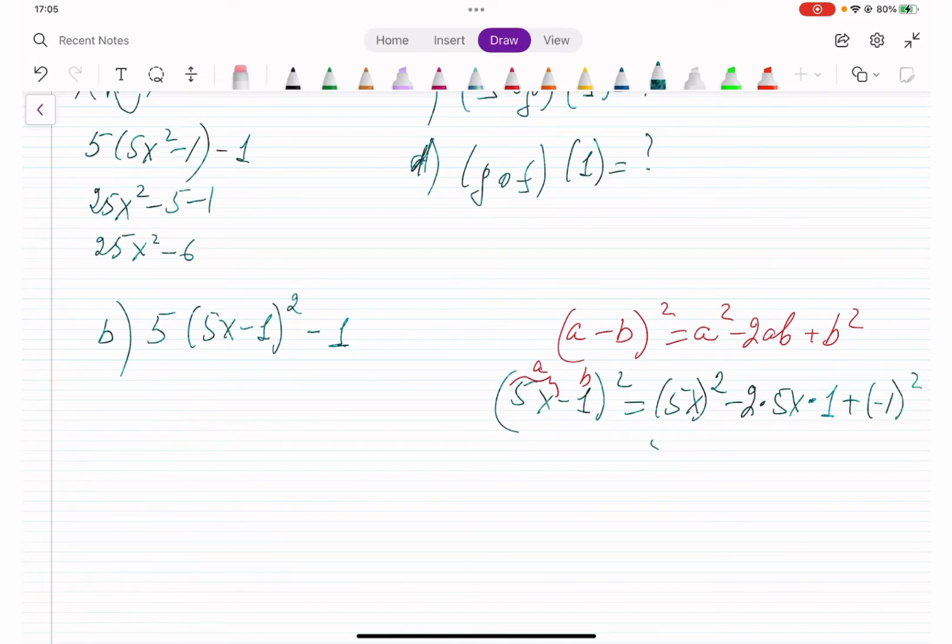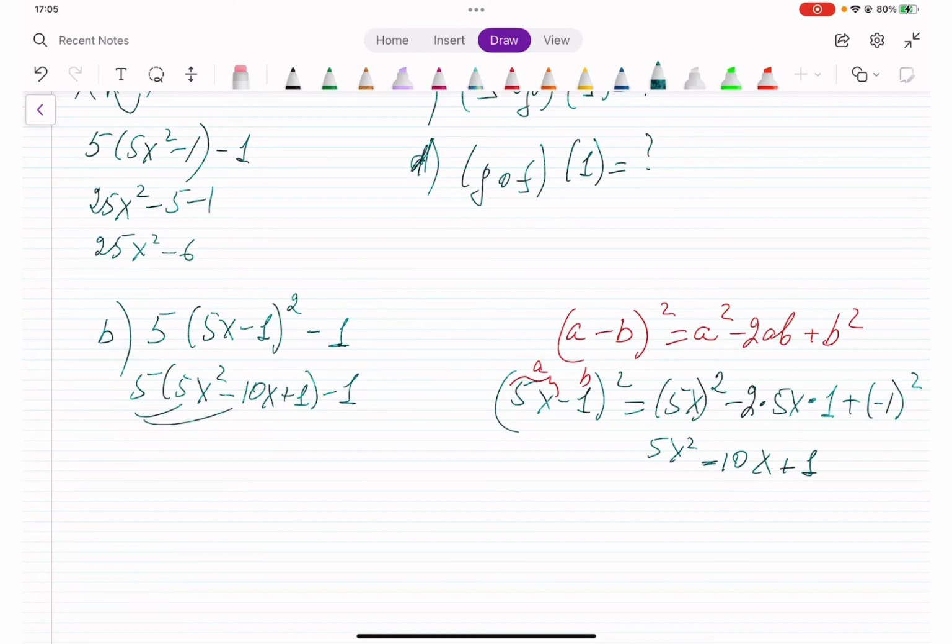So we are getting 25x squared minus 10x plus 1, because 1 squared is 1. So from here, 5 times (5x squared minus 10x plus 1) minus 1.